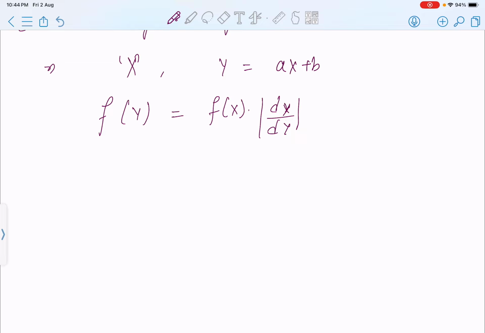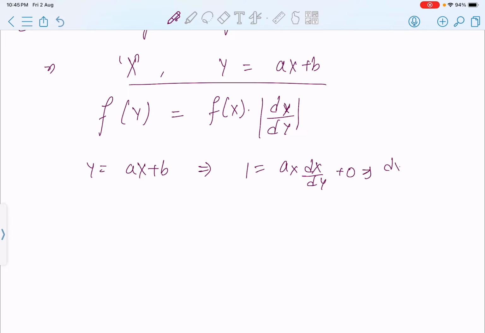Okay, so let's see it by an example. Suppose y equal to ax plus b. Differentiating with respect to y, it becomes 1 equal to a into dx by dy, plus 0.